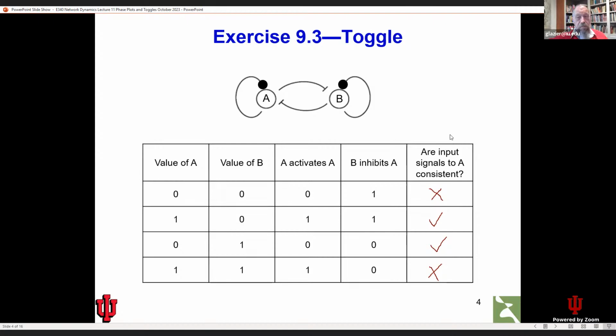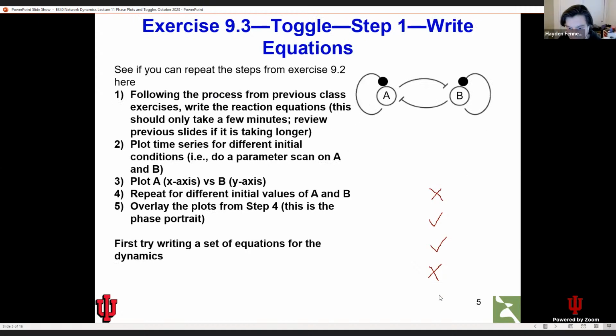So if you replace the letter A by the letter B and vice versa, you don't change anything. So you can't have a situation where the A signal is consistent and the B is not. Oh, yeah, this would just be swapping letters around. Gotcha. So if you ask the question, are input signals to B consistent? It's no, yes, yes, no. Same thing. Good. Okay, so that gives us, oh no, Pedro's annotations.